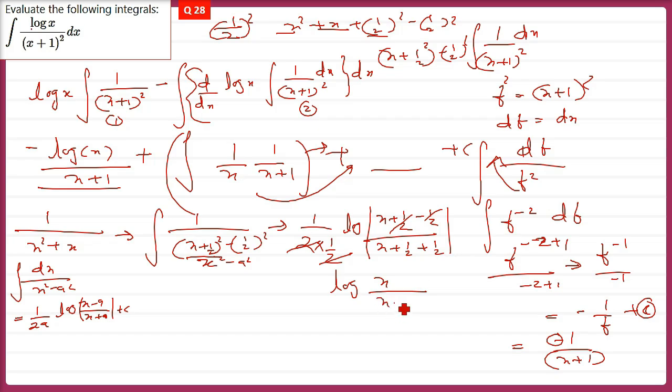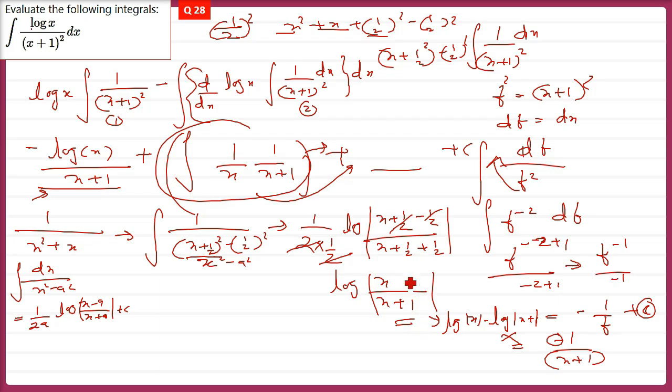So log x by x plus 1. Now you can just write it as log x minus log x plus 1, because log a by b is log a minus log b, but you don't need it here. You can just directly keep it as log x by x plus 1. So minus log x by x plus 1. This whole we have already got. So let me write it here: log x by x plus 1, both in the modulus sign.